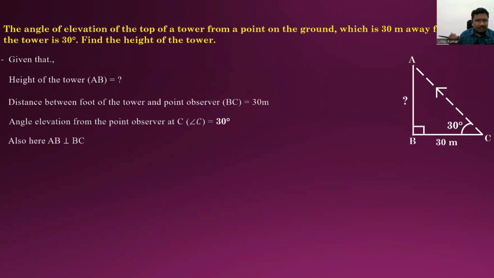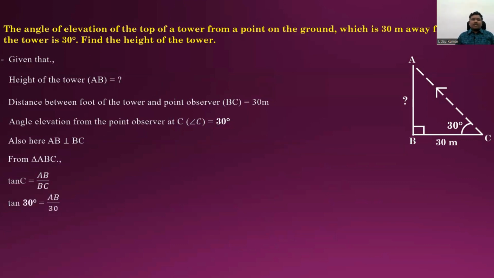AB, which I have to find, is the opposite side to theta. BC, which I know, is the adjacent side to theta. Opposite, adjacent relation: tan. So let's apply. From triangle ABC, tan C is equal to AB, the opposite side, by BC, the adjacent side. Tan C, tan 30. So let us substitute the values that we know.